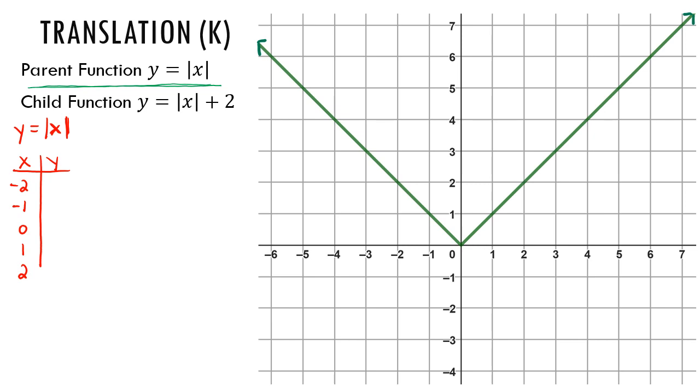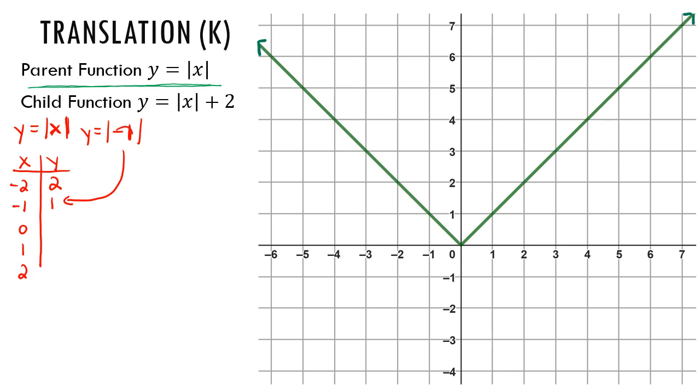If I take -2, all right, and I plug it into an absolute value sign, it turns that number into a positive. So if I plug in a -1, it turns it into a positive.